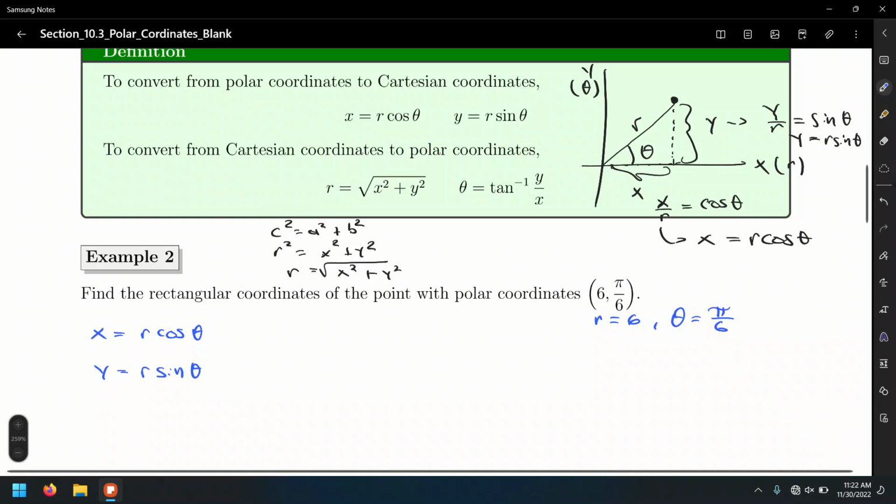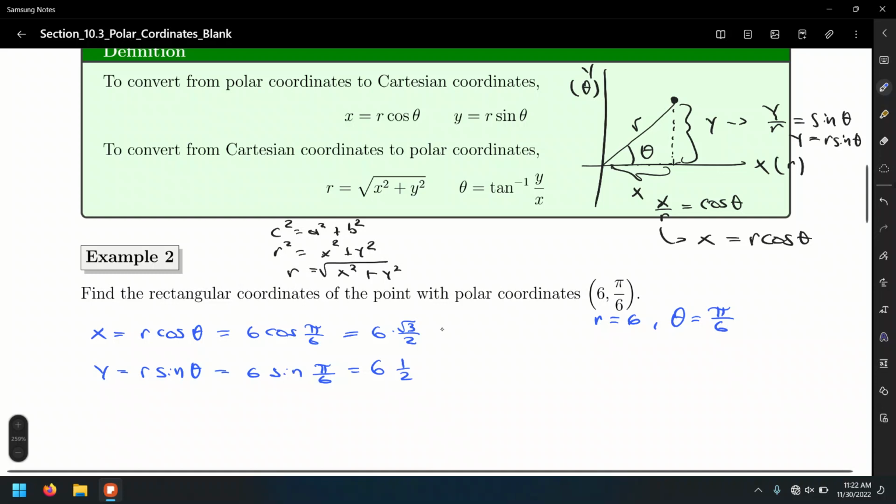And all we do is substitute the values. That's 6 cosine pi over 6 and 6 sine pi over 6. Simplify, and that's root of 3 over 2 and 1/2. Cosine pi over 6 is root of 3 over 2, and sine pi over 6 is 1/2.